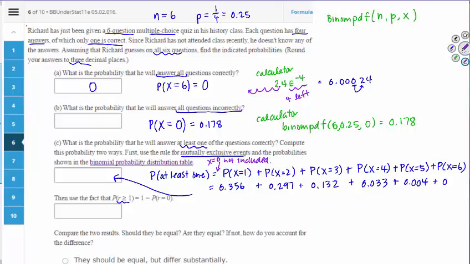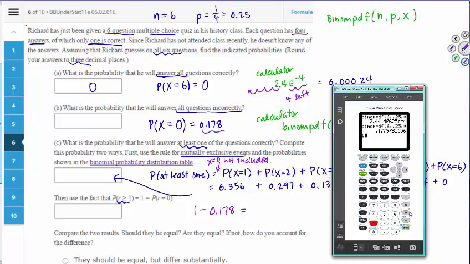So we can use the complement rule to say the probability of them all happening is 1, 0 or 1 or 2 or 3 or all the way up to 6 questions correctly, minus the probability that he got them all wrong, which we said was 0.178, to get the probability that at least 1 is correct. Now that's a little faster, less chance for error, just 1 minus 0.178 is 0.822.